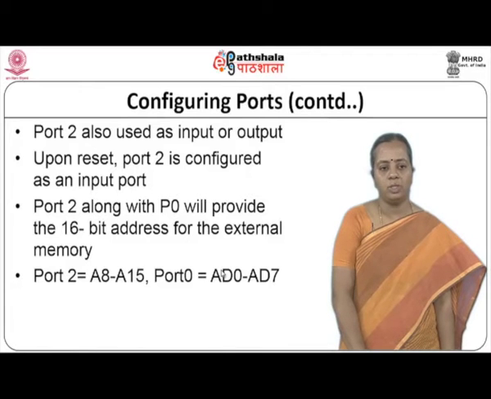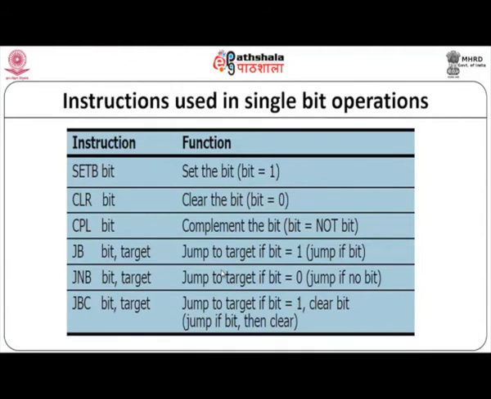Port 2 gives you the higher order byte address, and port 0 gives you the lower order byte address. So we have gone through all the ports, how we declare the ports as input or output ports, and in what way the external memory can be accessed with the data and address bits.